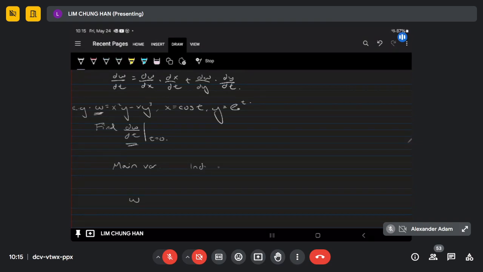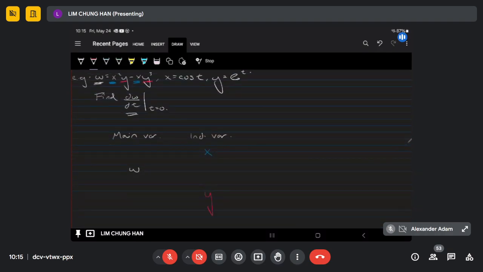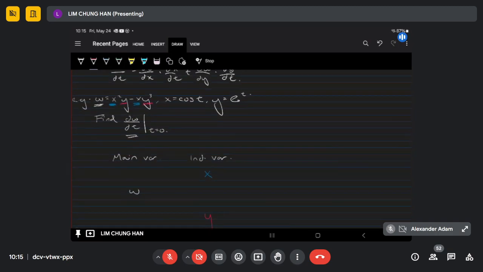Your independent variables are x and y. And then your dependent variable is t.